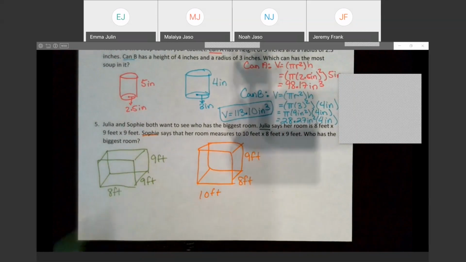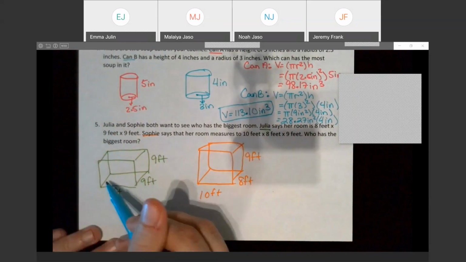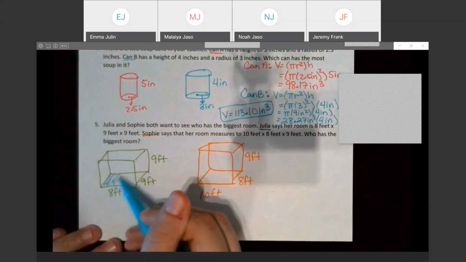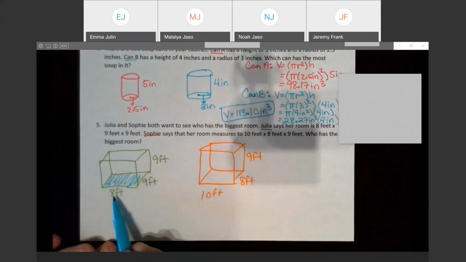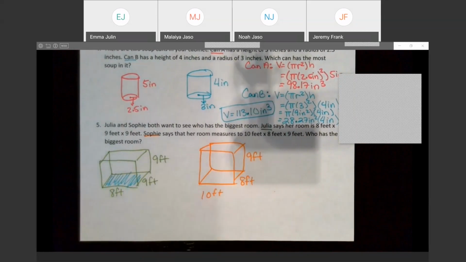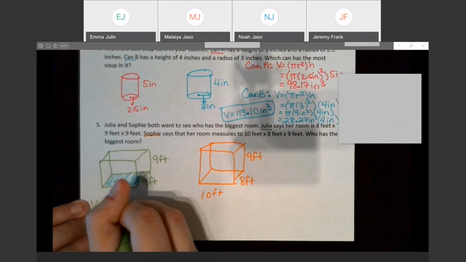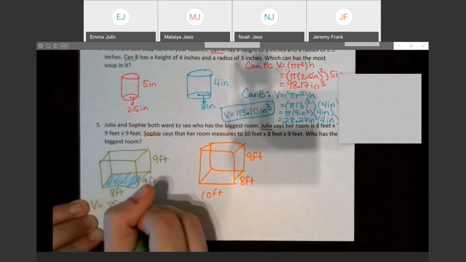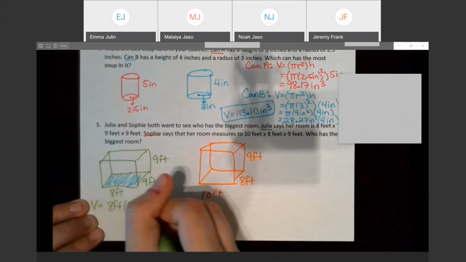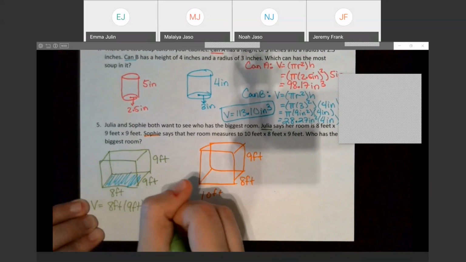Remember, rectangular prisms have a straight multiplication problem. We're just multiplying the base, which in this case for Julia's room, we're multiplying 8 feet by 9 feet, and multiplying it by the height of 9 feet. So you can write the volume of this room as 8 feet by 9 feet by 9 feet.